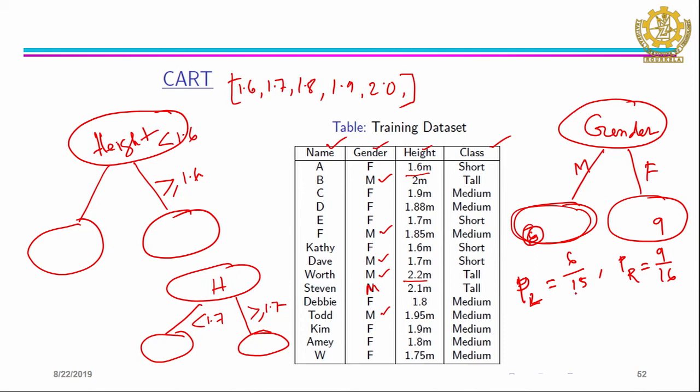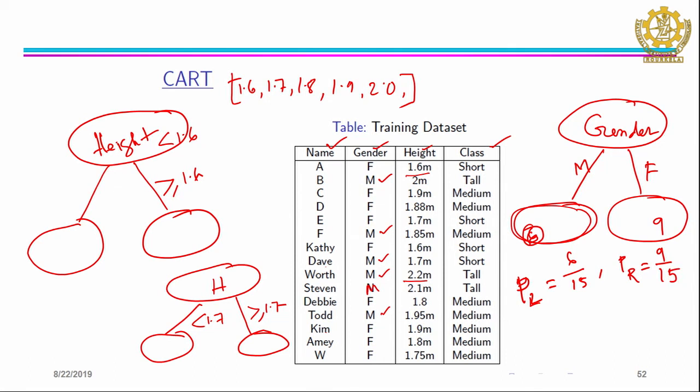The total is 1, 2, 3, 4, 5, 6, 7, 8, 9, 10, 11, 12, 13, 14, 15. So, PL equals 6 by 15, and PR equals 9 by 15.